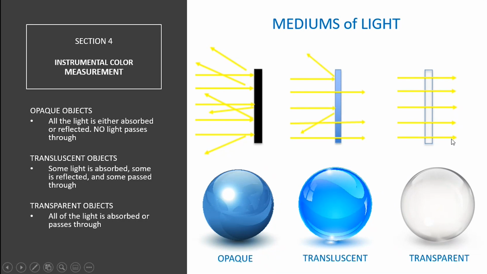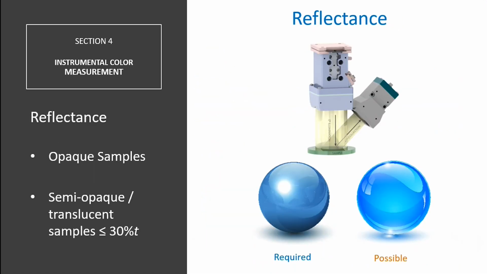So if I have a transmission instrument and I'm measuring something opaque, I'm probably going to get a result that just looks black, right? So these are the mediums of light and how the light interacts with the objects that determine what type of geometry or measurement method you're going to use, reflectance or transmittance.